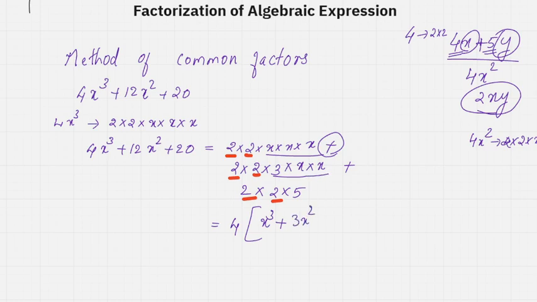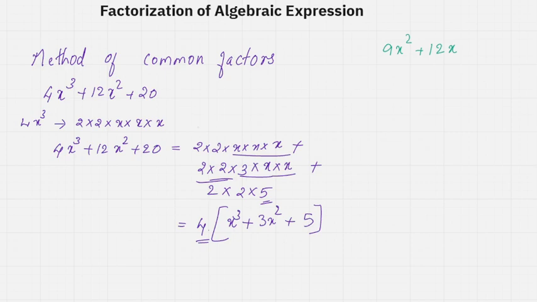This 4 we have already written outside. Plus again this plus will come here and here only 5 is left out. So in 4x cube plus 12x square plus 20, 4 is the common factor and the factors other than the common factor are x cube plus 3x square plus 5.